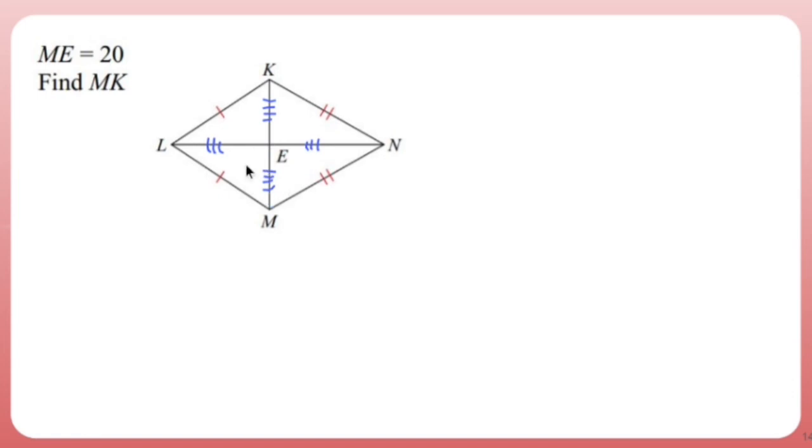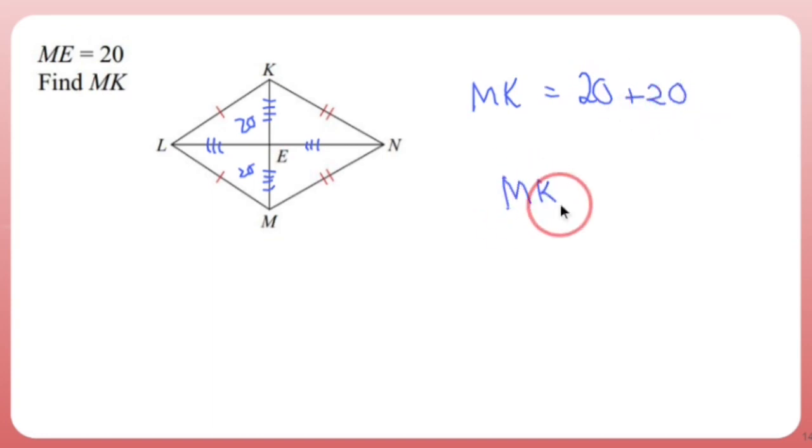So if ME is 20, that means EK is 20. And MK, Mortal Kombat, is found by adding 20 plus 20. According to this calculator that I have right over here, MK is 40.